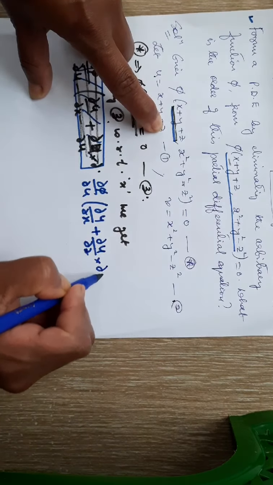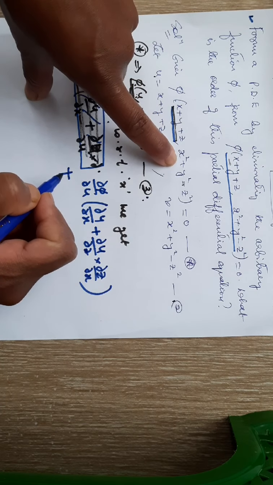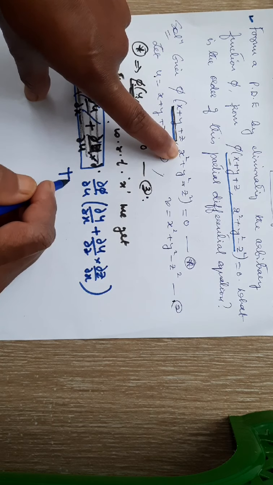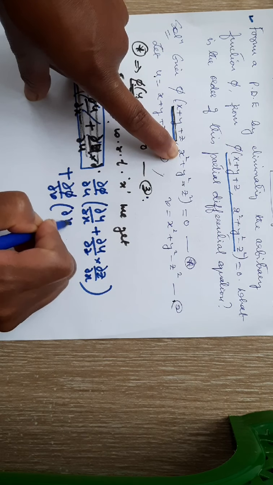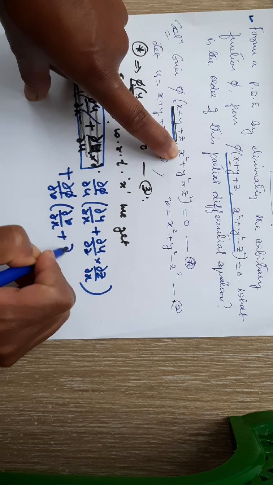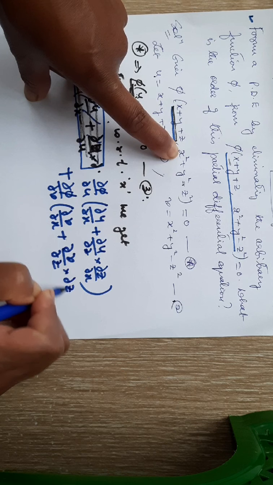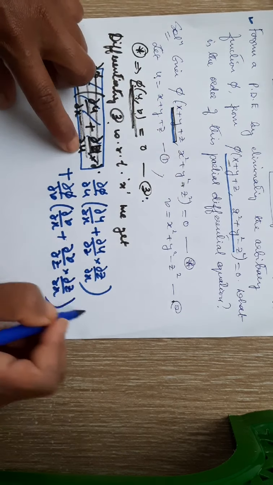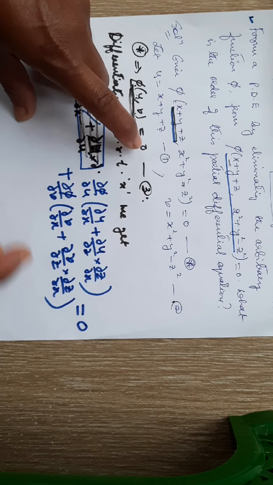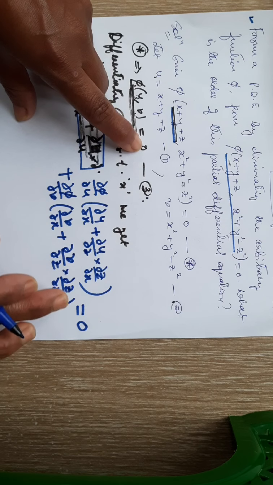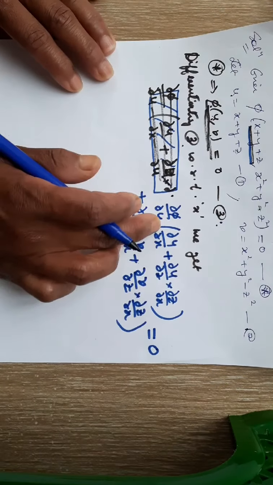So it will be del z del x plus, now for the second function, that is v, del phi del v into del v del x plus del v del z into del z del x. This will be equal to 0 because the right hand side is 0. On differentiating 0 with respect to x, it will be 0 again. So what we have now is this equation.